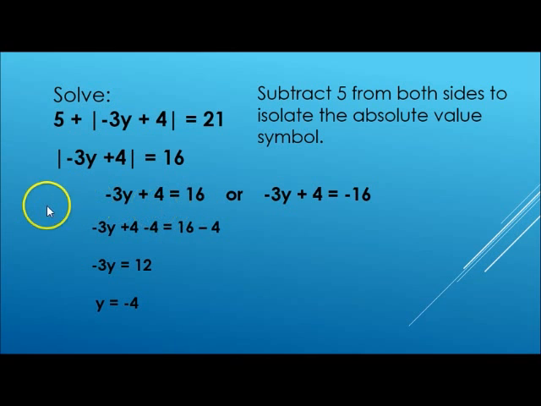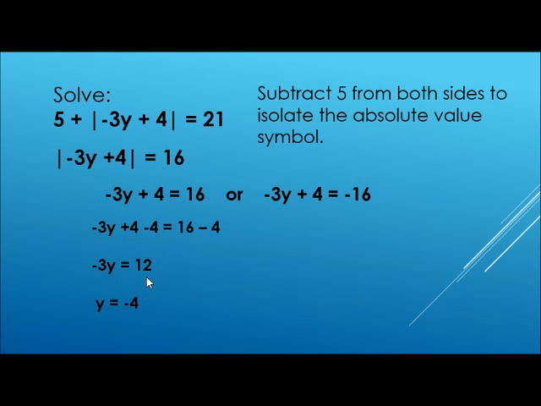And I'm going to do that by making sure that I get y completely alone at the end equal to some value. So the first thing I'm going to do is subtract 4 from both sides, because here I'm adding 4. So I'm going to subtract it on both sides to keep a balance. That's going to leave me with negative 3y equal to 12.